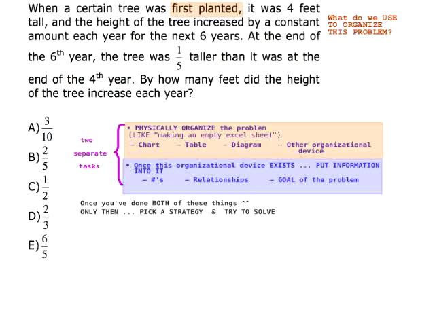6 years. And of course, you have heights. And then at the end of these years, 1/5 taller than is another math relationship, so ignore it for now. And then that's an orange thing. And then how many feet?